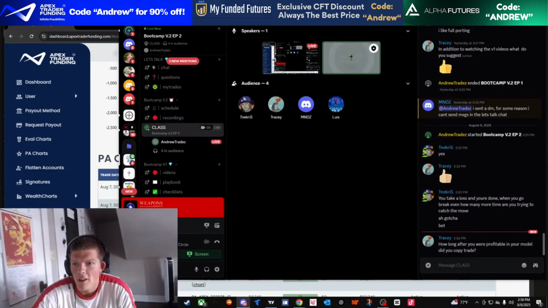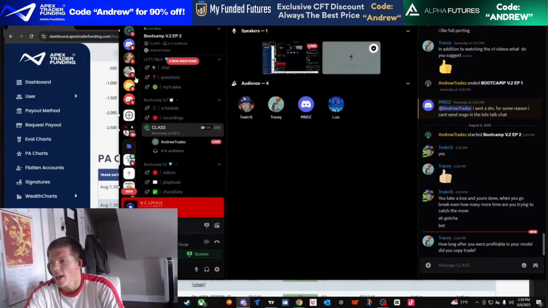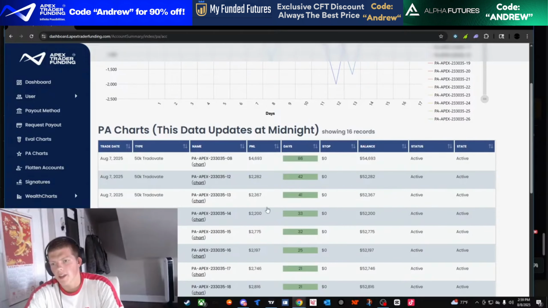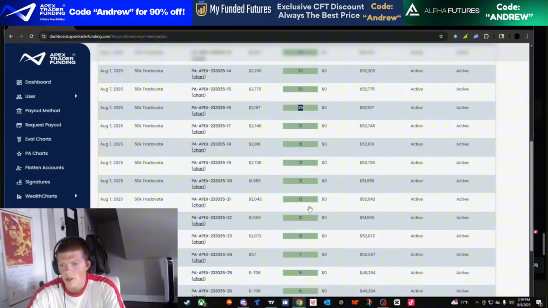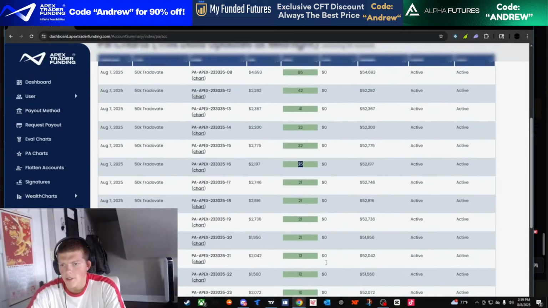That's about 5 months almost, maybe even more, it's probably actually about 6 months now, of just one account that I've done the piece of pie model with every day, and I've slowly then stacked accounts on top of it. As you see, 42 days, 41 days, 33 days, 32, 25, 21, 21, 21, 13, 12, and then these are some newer accounts, obviously.